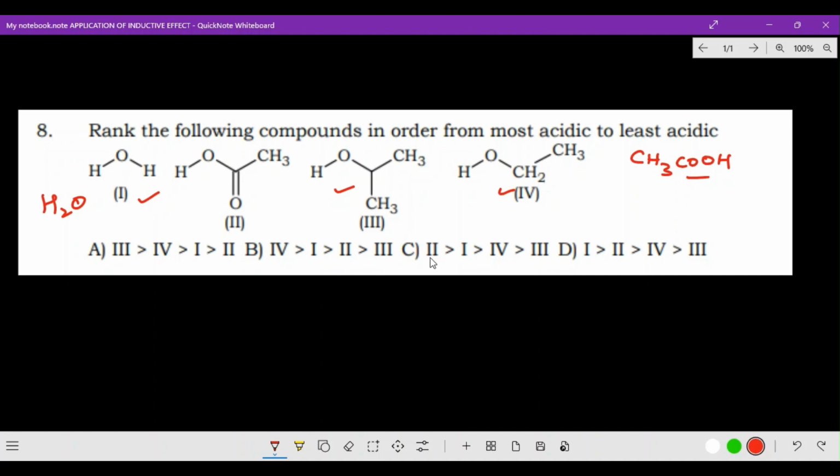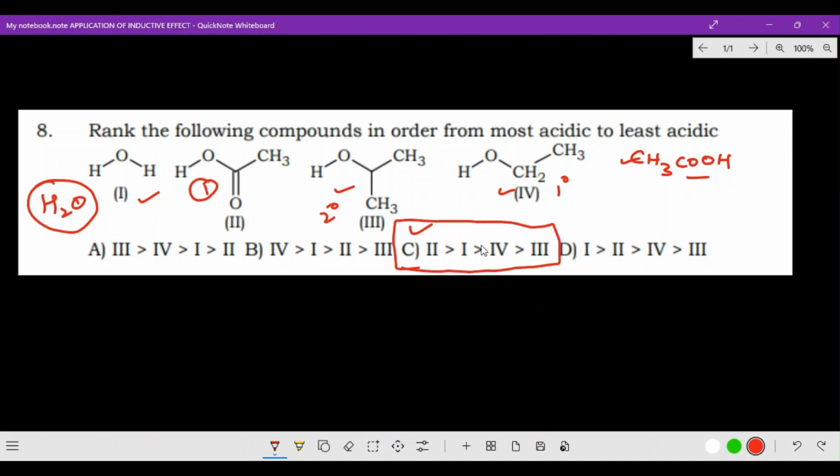C. The first one is acetic acid, the second is water, H2O, and the third is primary alcohol, CH3CH2OH. Then CH3CHOHCH3 is the secondary alcohol. C is the correct option.